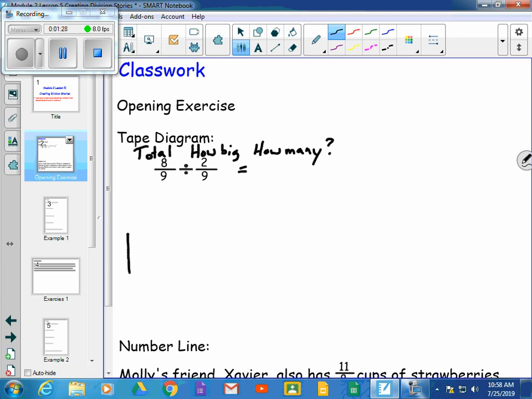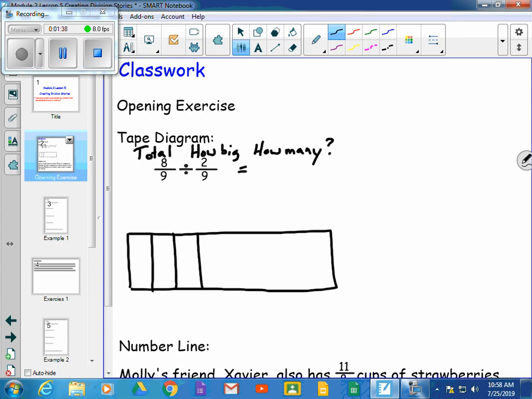Let's start by drawing our total on our bar, or our tape diagram. Always draw your total first. I need 9 equal pieces. Best I could there.